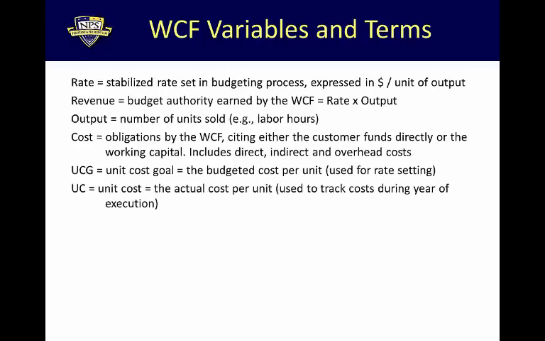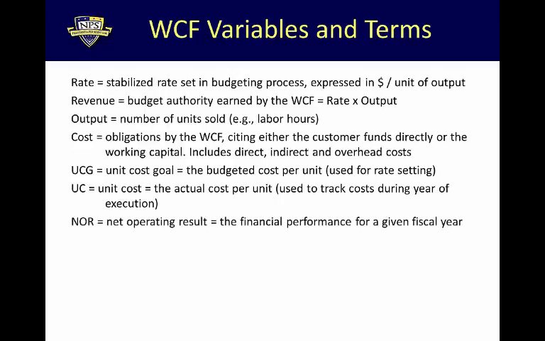Our unit cost is the actual cost per unit that we're going to track during execution. So the unit cost goal is forward-looking and an estimate of costs. The unit cost is backward-looking and is our actual costs. And as we manage during the year of execution, we're going to be comparing these two numbers to see if we're hitting our target.